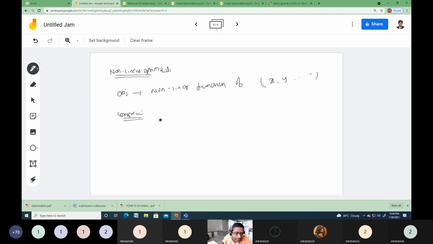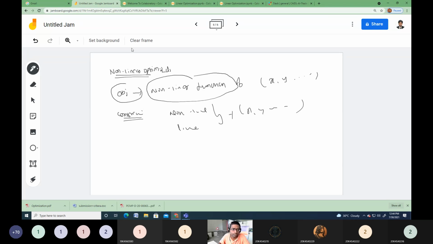If they exist, those constraints may be non-linear or linear functions of your decision variables. But your objective function must be a non-linear function of your decision variables. Then such a type of optimization problem is called a non-linear optimization problem.